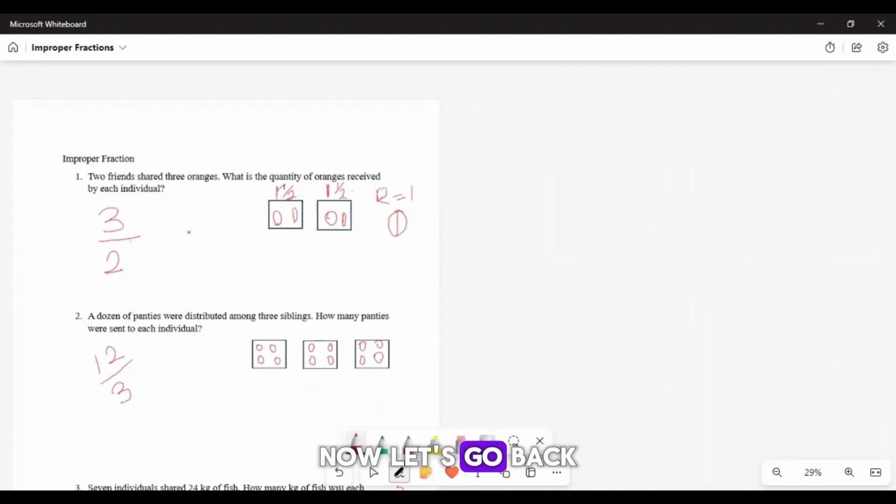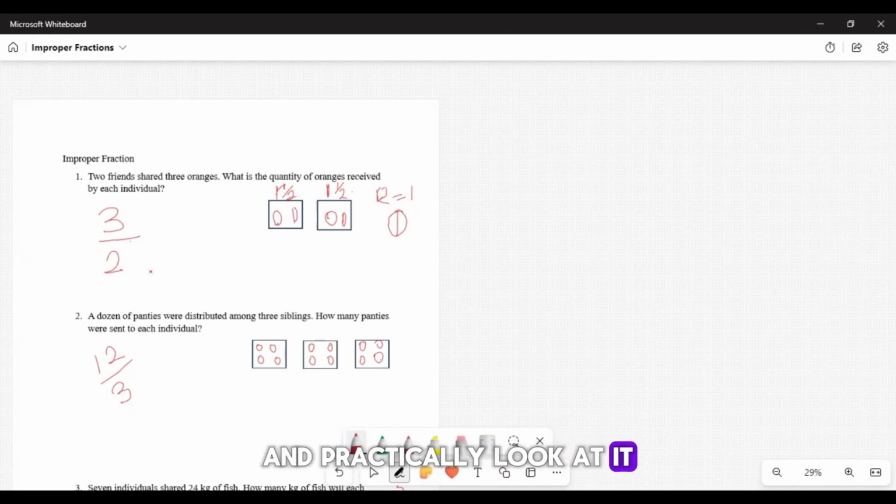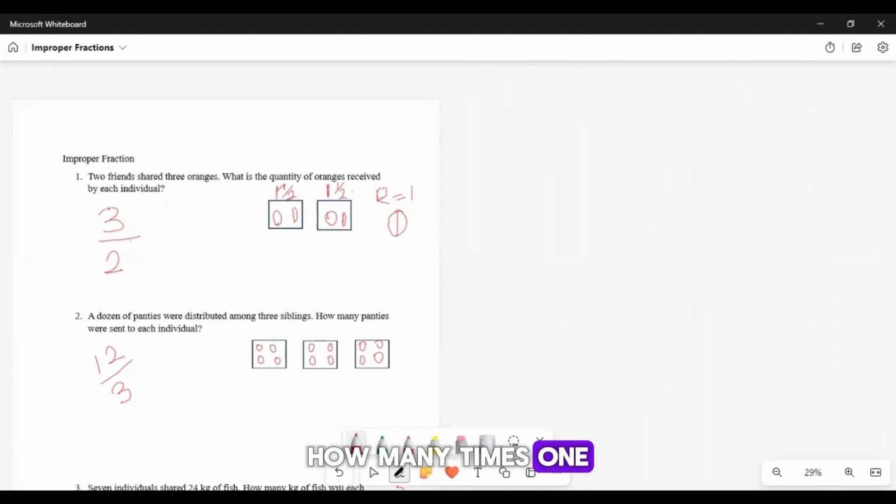Now, let's go back and check what really happened, because sometimes I want us to view mathematics the way it is and look at it practically. For the first one, in your math class, you were told that 2 goes into 3 one time, and the remainder is 1, which you divide by 2.